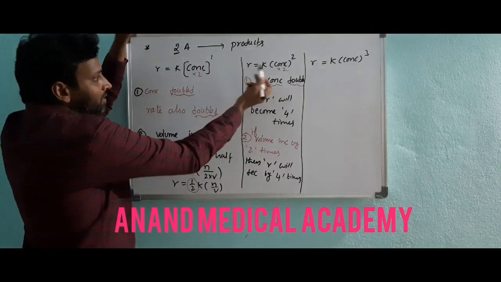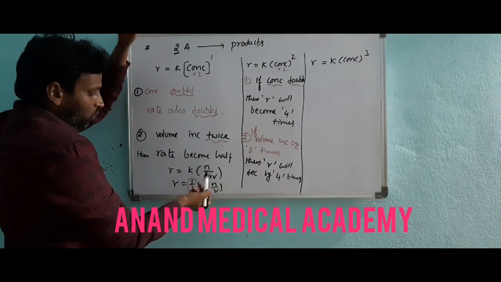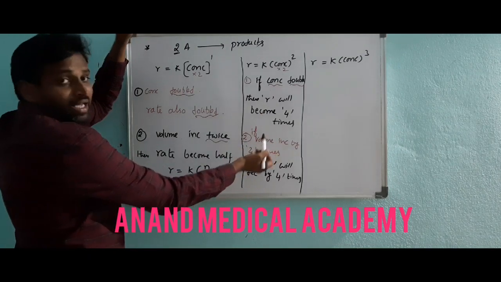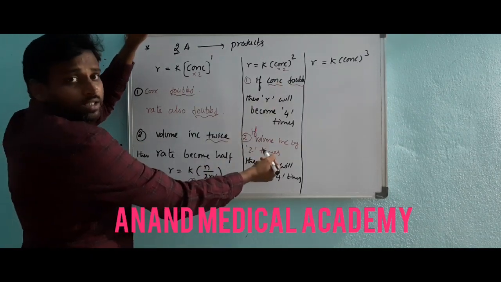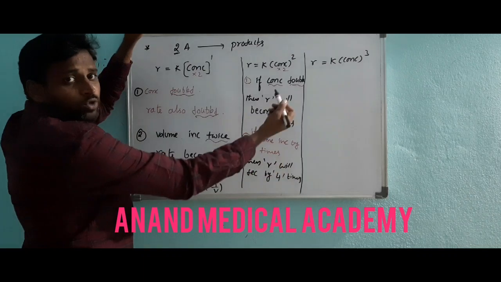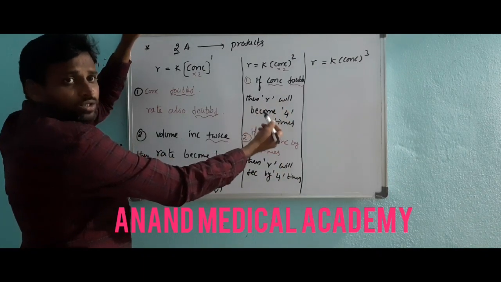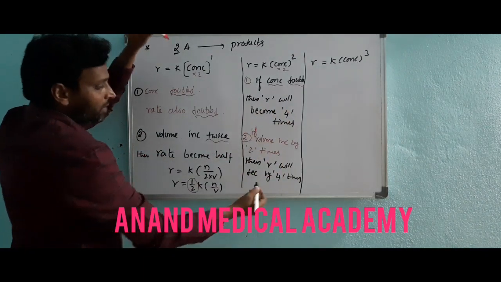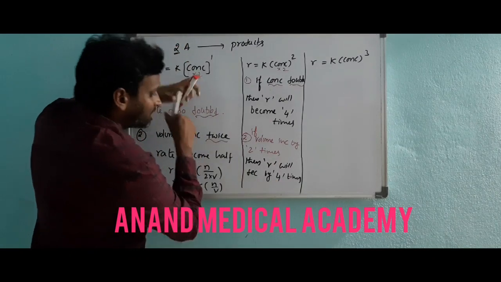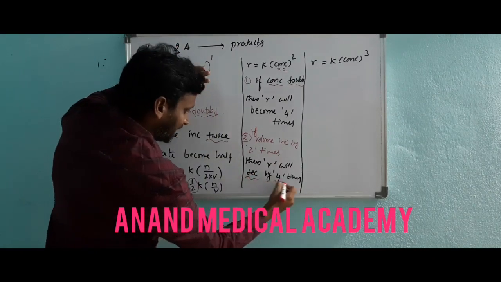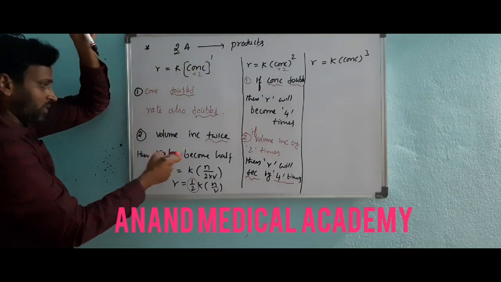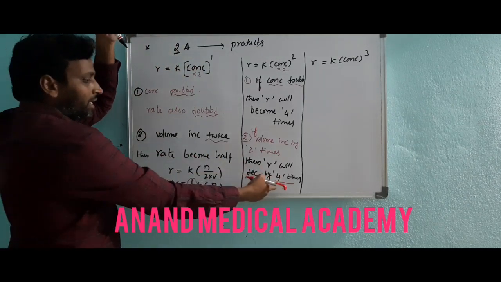Why? R is equal to K into N by V, whole square. Volume is twice, so 1 by 2V power 2, so 1 by 4. So the rate will decrease by 4 times. Earlier it became half; here it decreases by 4 times.